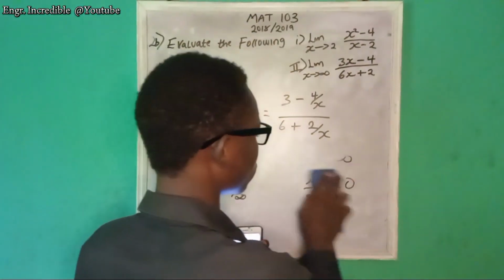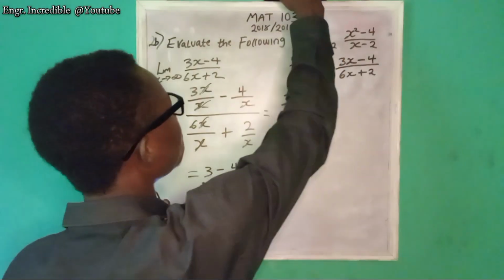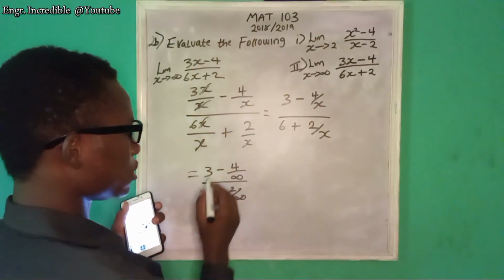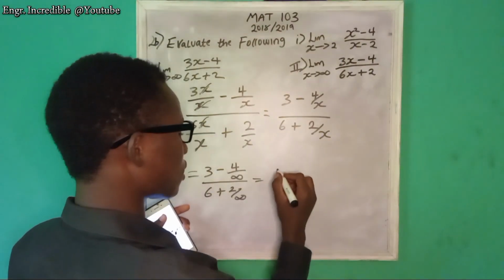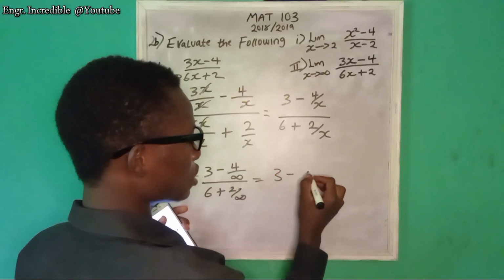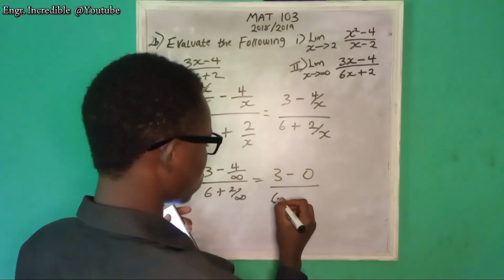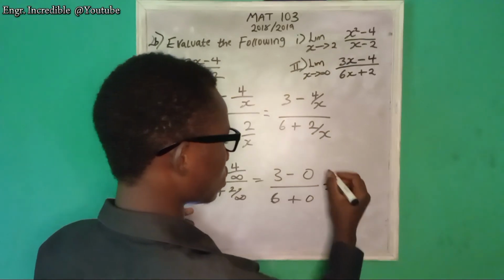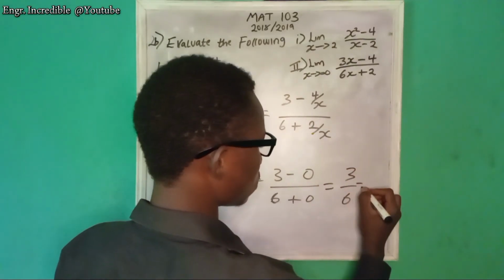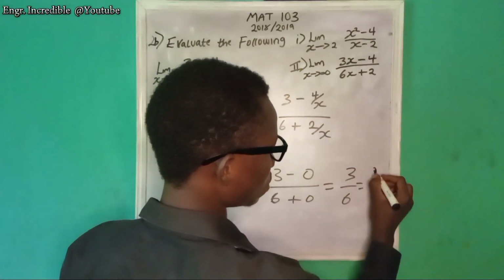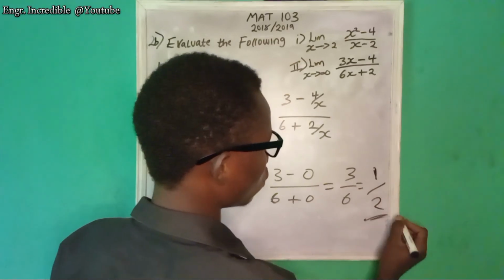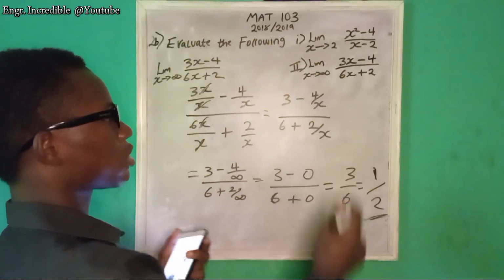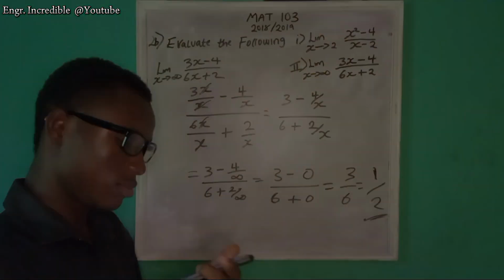So simply, anything divided by infinity here will give us 0. So we have 3 minus 4 divided by infinity, 0, and 6 plus 2 divided by infinity, 0. This is equal to 3 over 6, which is equal to 1 over 2. So 1 over 2 is our final answer for this limit.